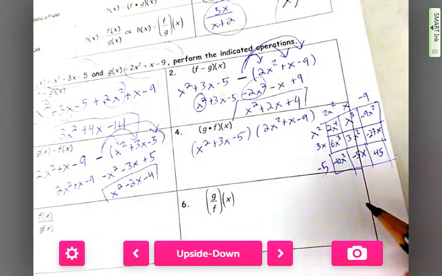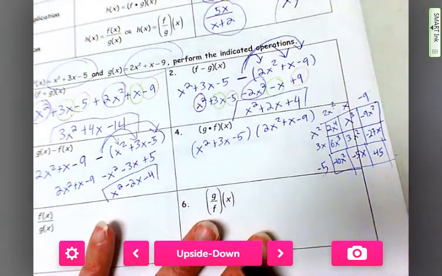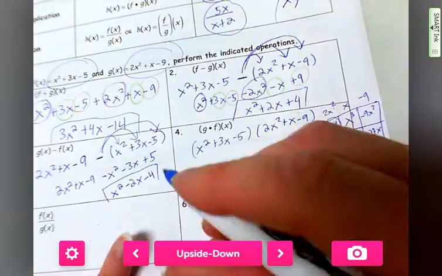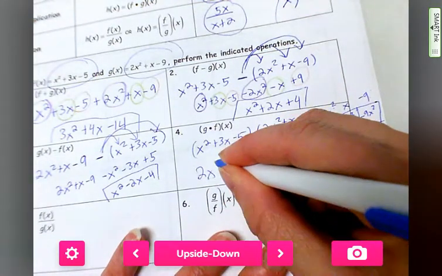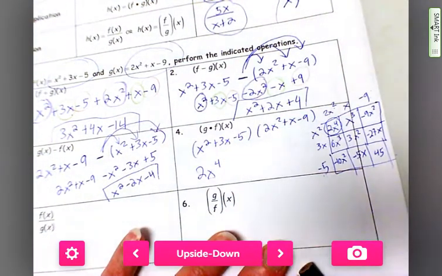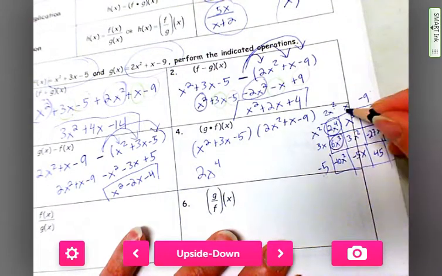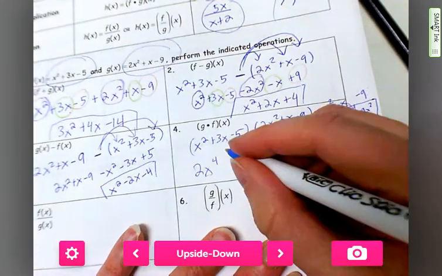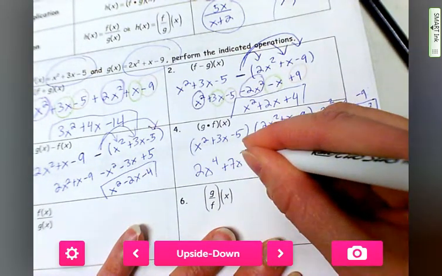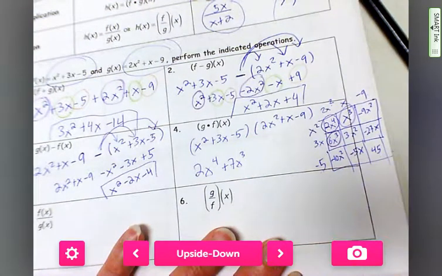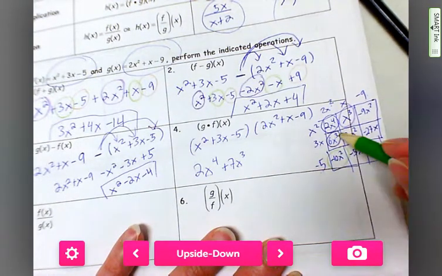Then I'm going through and I'm like, okay, there's only one 2x to the 4th, so I write that down first. I look for all the x to the 3rds. I'm going to add them together. I get 7x to the 3rd. I look for all the squares. See how I have all the squares here?